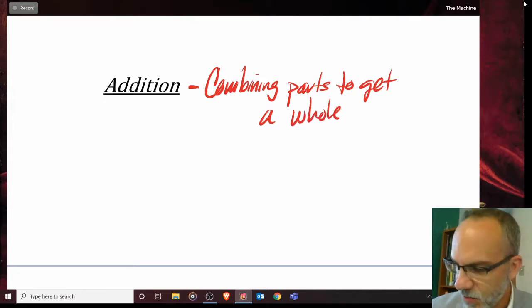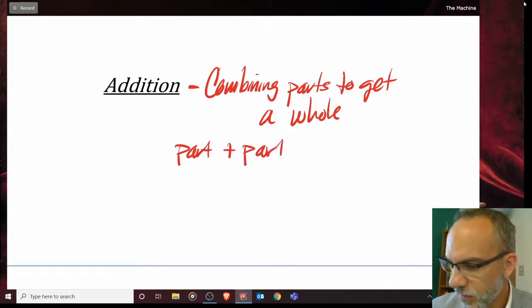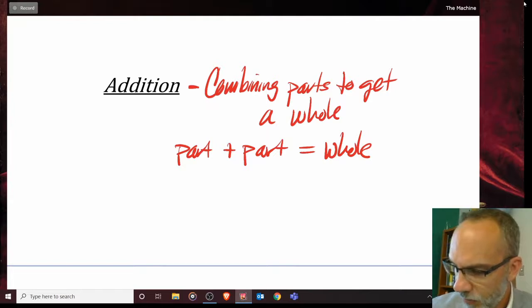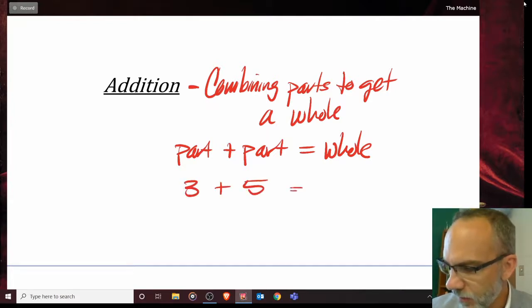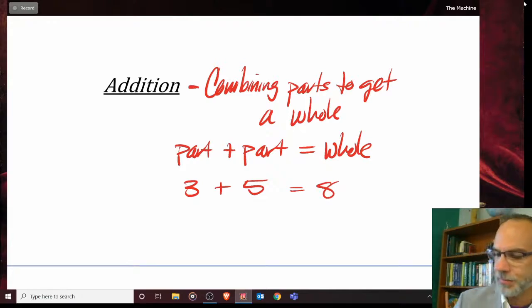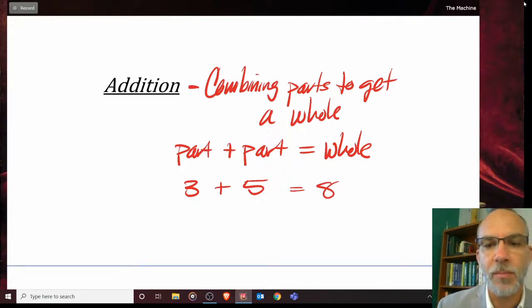You've got a part plus a part, and then afterwards you've got a whole. So if I had 3 pumpkin pies and I made 5 more pumpkin pies, I would have 8 pumpkin pies altogether. The 3 and the 5 are the parts, the 8 is the whole after I put them together.